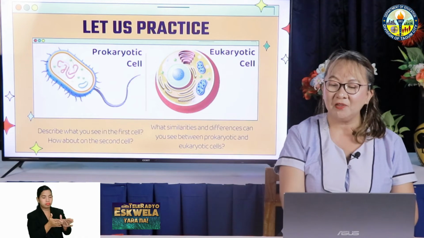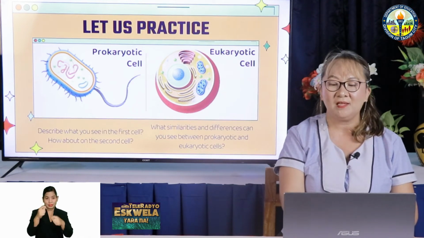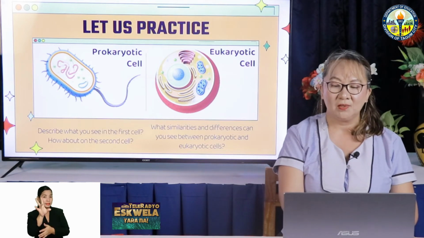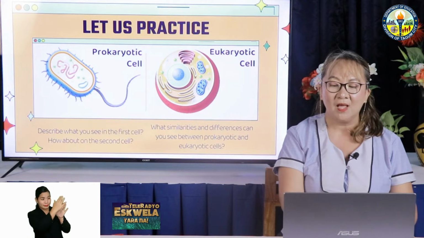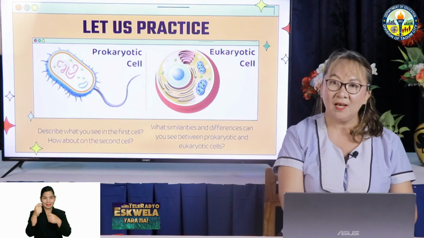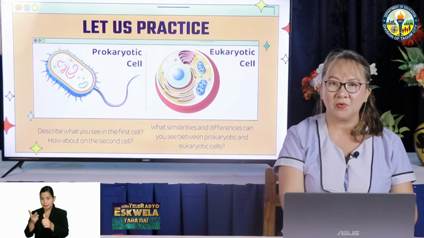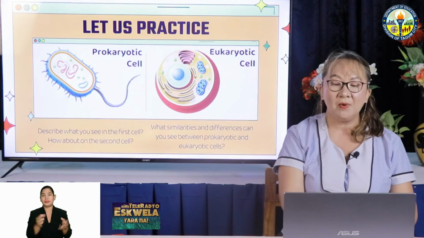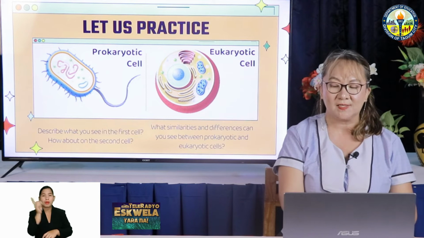To help you identify these two types of cells, refer to pages 7 and 8 of your module. You will find diagrams of two different cells. Describe the first cell and the second cell. Write your answers in your notebook. These descriptions will help you answer the table on page 8 and identify their characteristics.